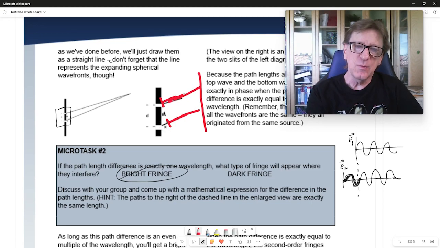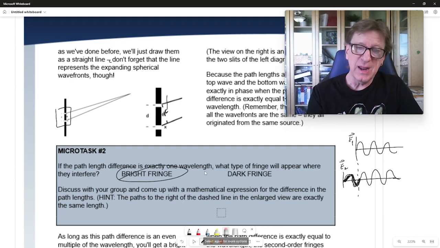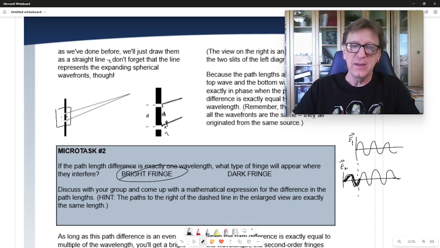But the key thing we want to recognize is that everything to the right of the dashed line that you see here, that dashed line right there, that's all the same length. So what can you say about X? X is this distance here, and it goes from here to here. If I have a bright fringe, what can I say about X?